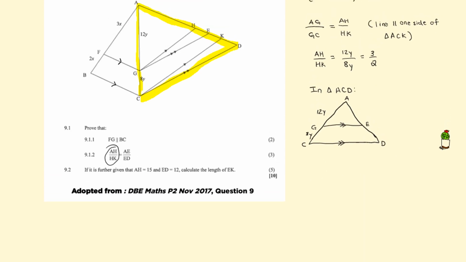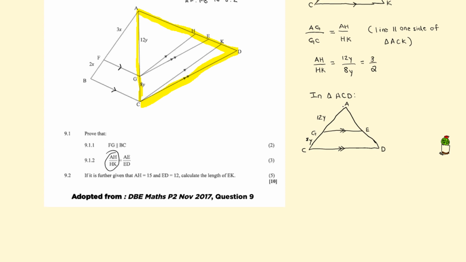Applying our theorem yet again. Remember, you're going to be landing on these parallel lines. So AG to GC is in the same proportion as AE to ED.